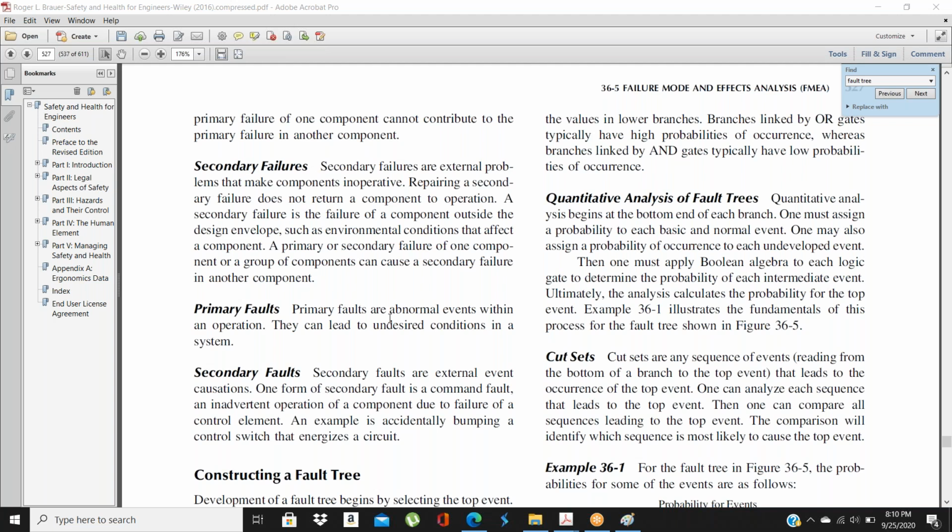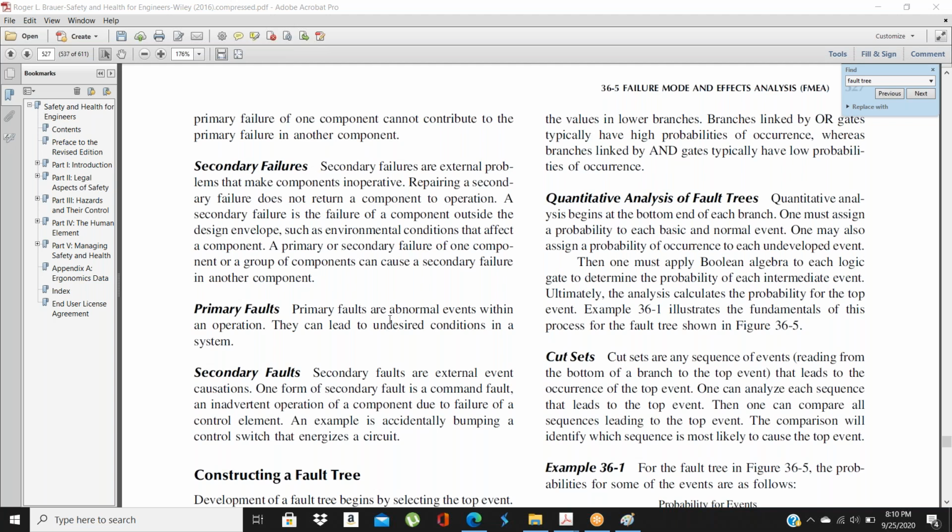Now we will go for the cut set. This cut set is very important, and in the last two exams, I faced questions from this. What is the cut set?